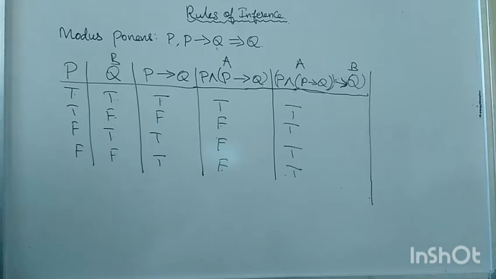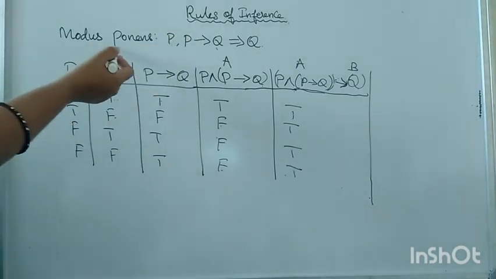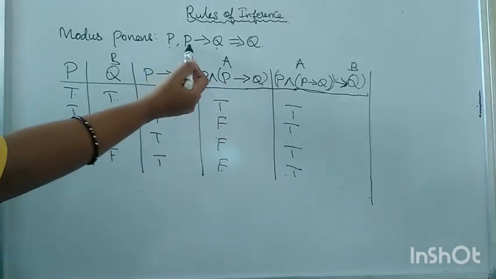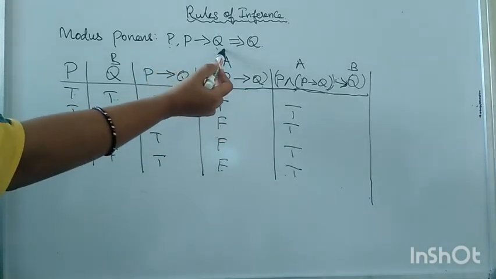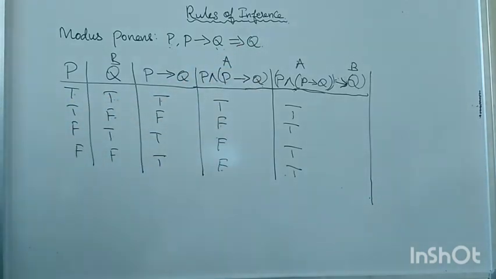A formula S may be introduced in a derivation if S is tautologically implied by any one or more of the preceding formulas in the derivation. So as per this definition also, we have proved P, P implies Q tautologically implies Q.